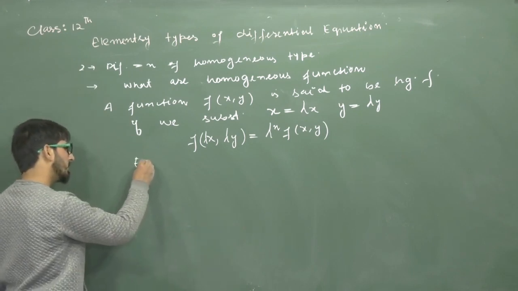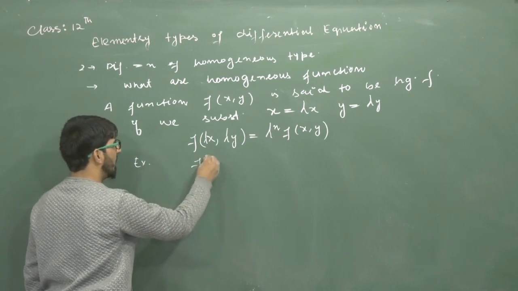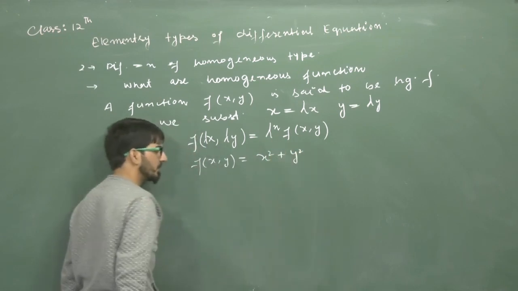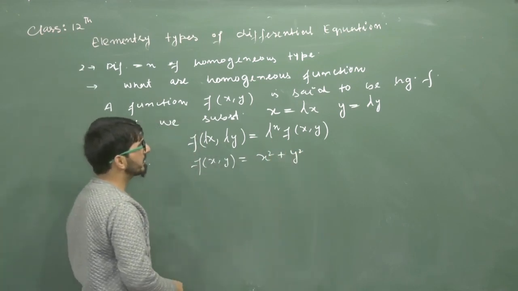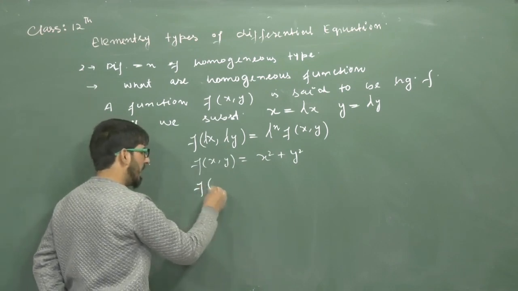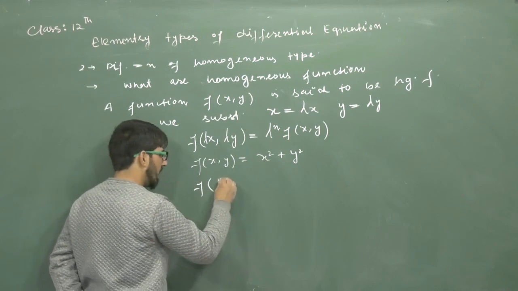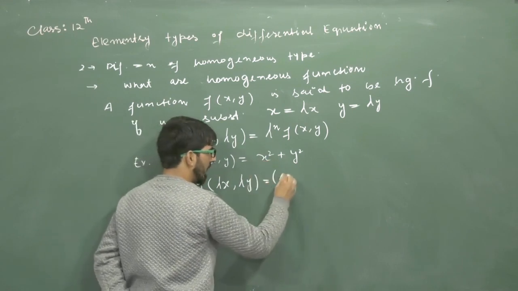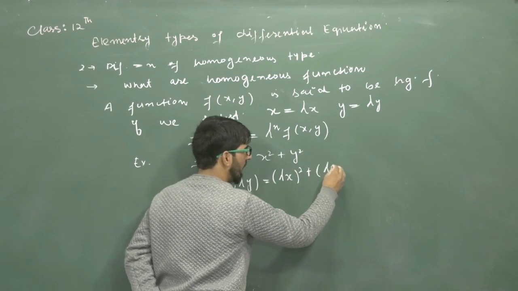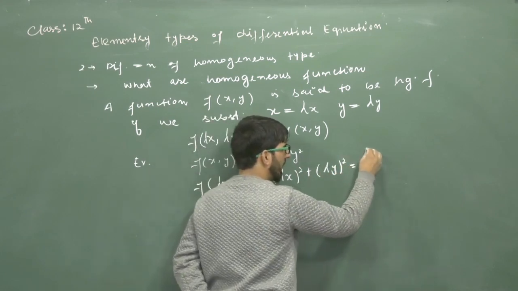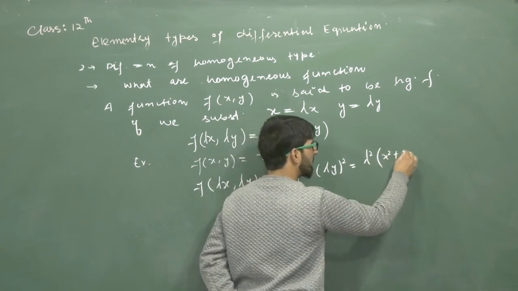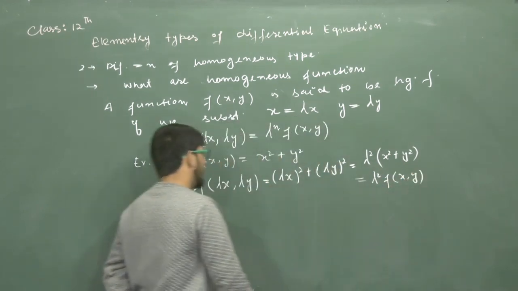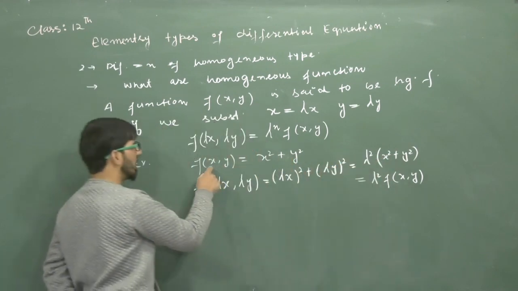For example, if we have the function f of x comma y is equal to x square plus y square, then substituting x by lambda x and y by lambda y, we have f of lambda x, lambda y is equal to lambda x square plus lambda y square, which is equal to lambda square times x square plus y square, which is equal to lambda square times f of x comma y, because x square plus y square is equal to f of x comma y.